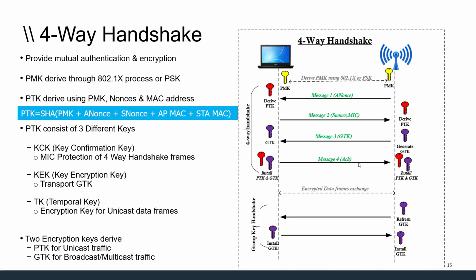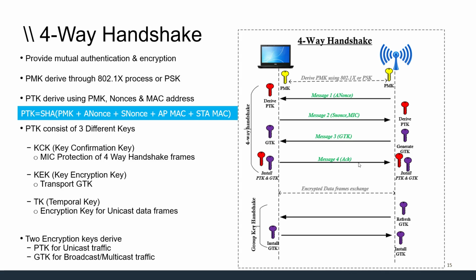So in WPA2 Personal, you have this PMK on your AP and your station. Then you go through a key exchange, a four-message exchange. At the end of this four-message exchange, your client and AP both get two different keys, what we call PTK and GTK. PTK stands for pairwise transient key and GTK stands for group temporal key.